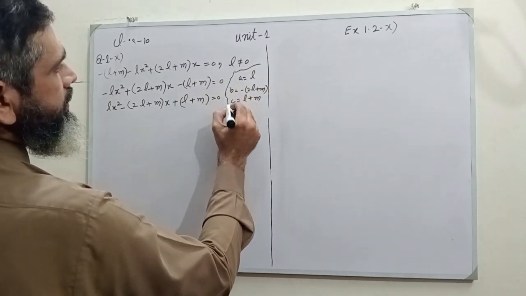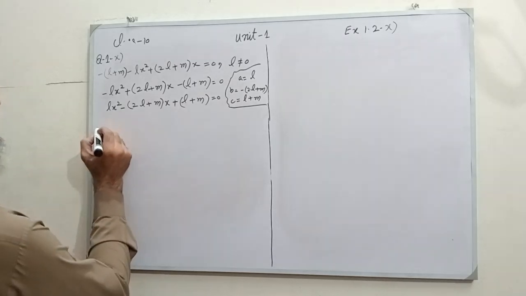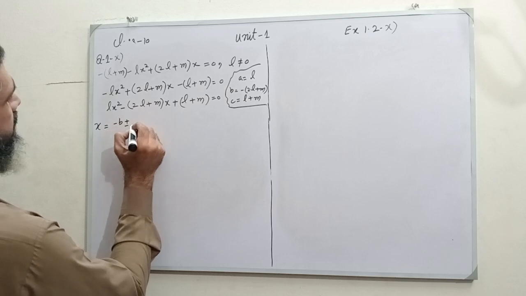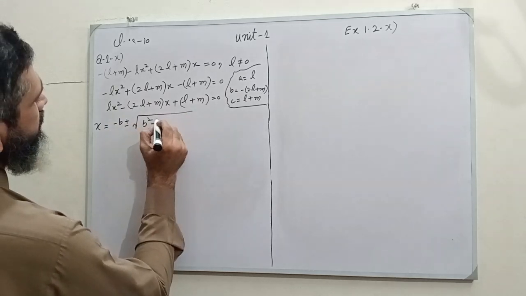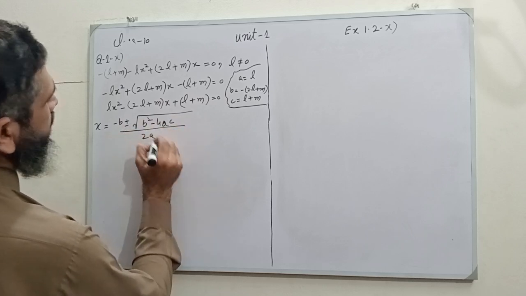So using the quadratic formula, what is the quadratic formula? X is equal to minus B plus minus under root B square minus 4AC over 2A.